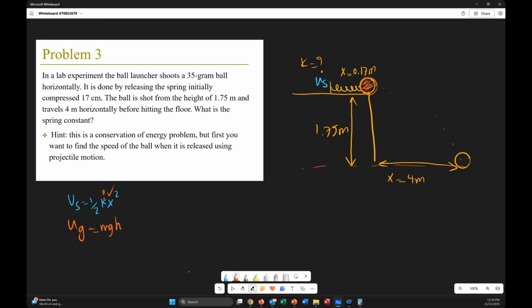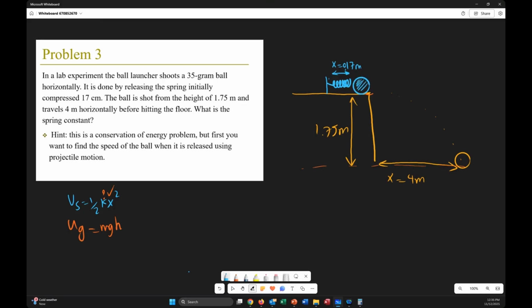Let me just explain. This is compressed, how much? 0.15 meter, and it is here.